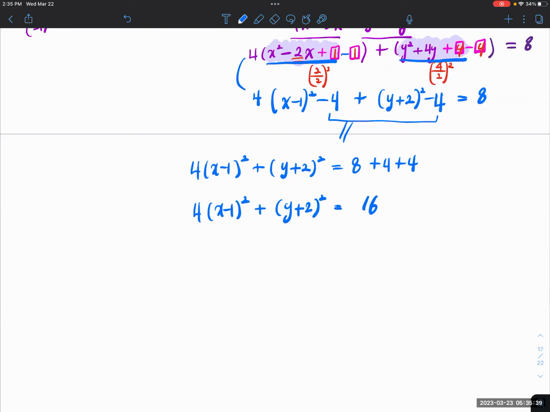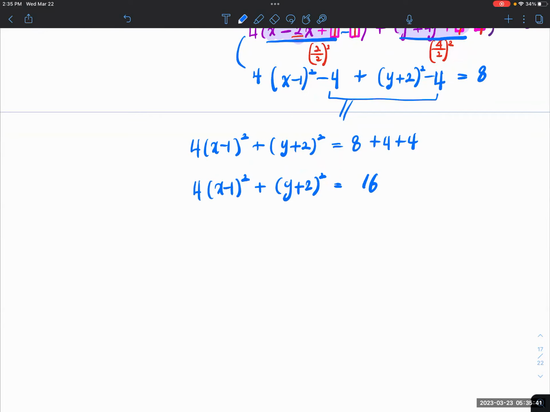And then I'm going to divide by 16 everywhere. So you will get (x minus 1) squared over 4 plus (y plus 2) squared over 16 equal to 1.